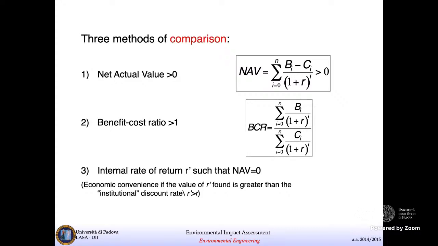Net actual value, where net actual value is calculated as the difference between benefits minus costs at each year of the project, normalized by the yearly discount rate. So you have benefits minus cost, and you normalize this difference in terms of discount rates, of the cost of money.